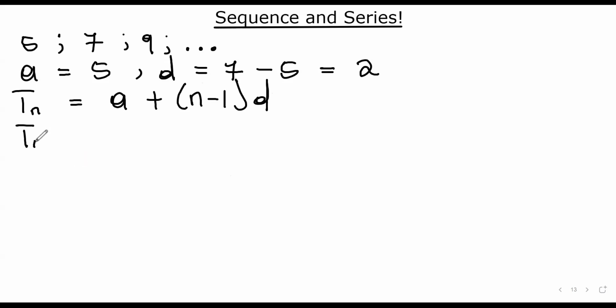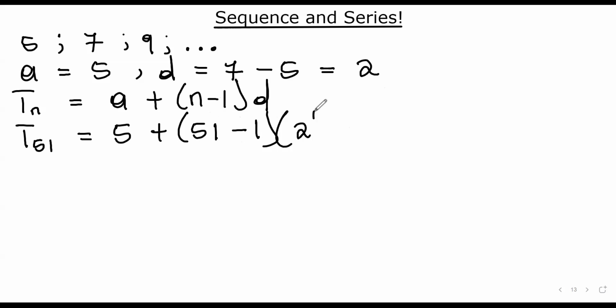And now they're asking us to find term number 51. Well, it's very easy to find it. We can just say the first term is 5. How many terms there are? Well, it's 51 minus 1. Not really how many terms, but what is the position of the term? And D is the constant difference.